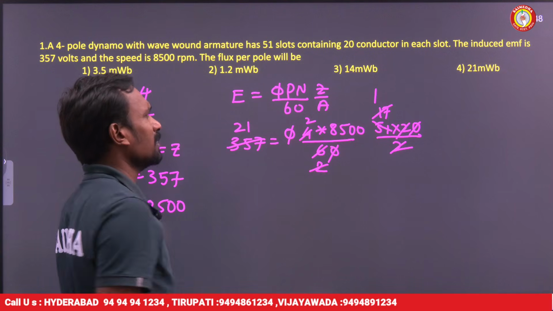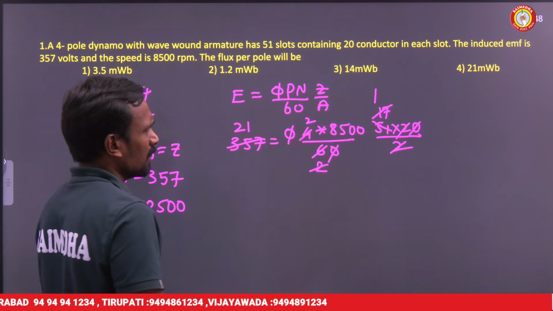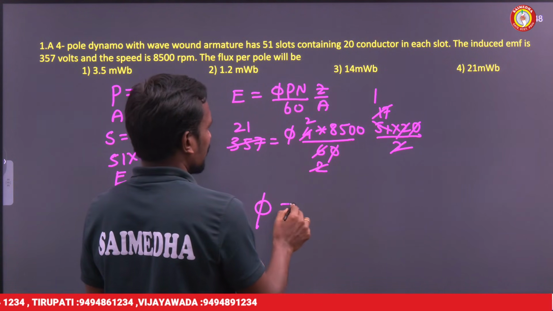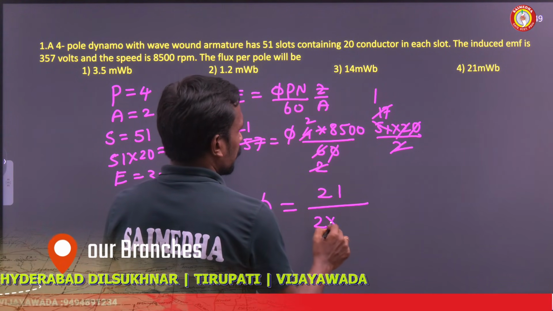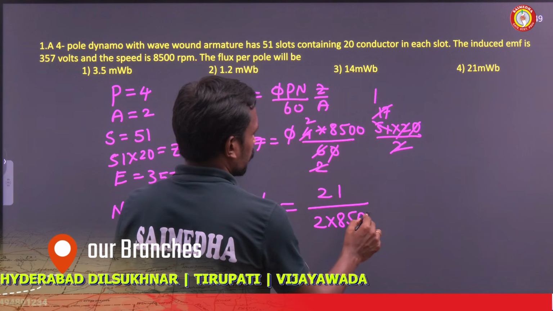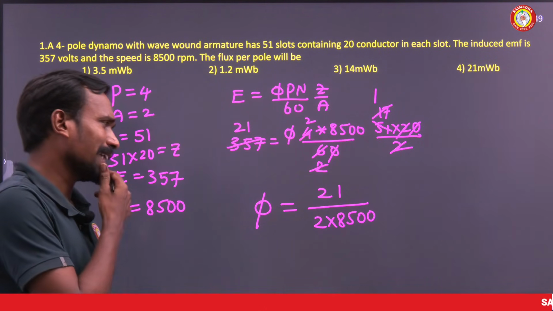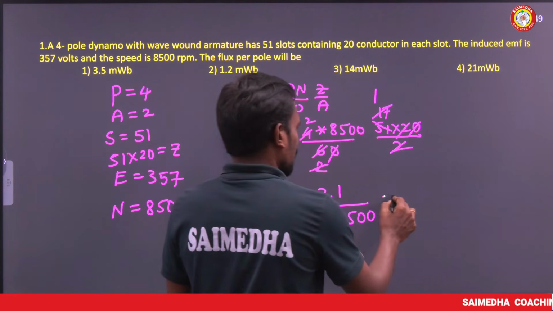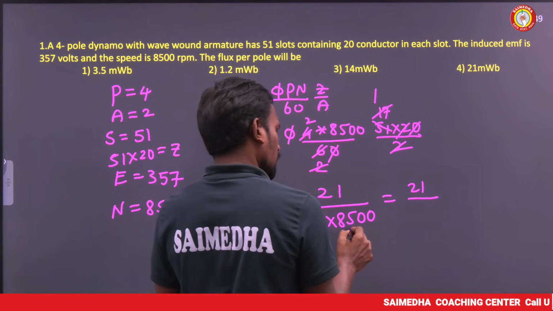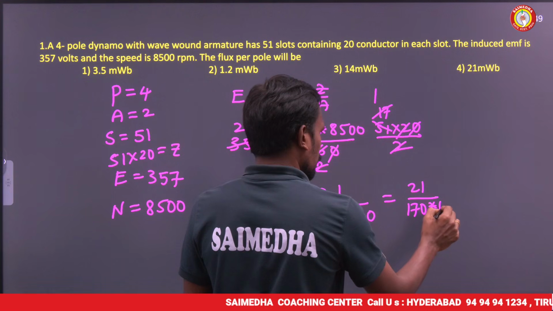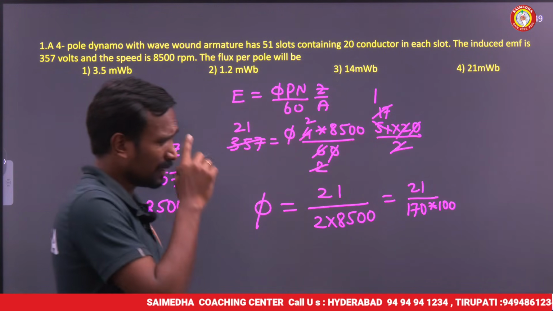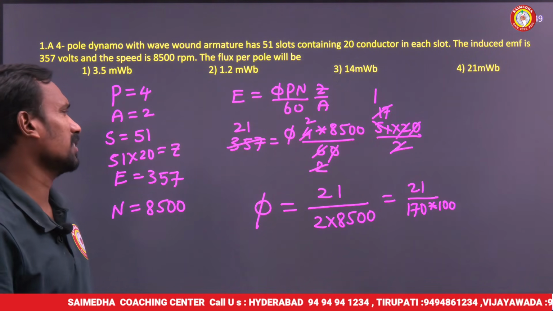Next, what is flux? Phi is equal to 21 by 2 into 8500. So how can we calculate this? That is 21 by 170 into 100, we need to calculate this.